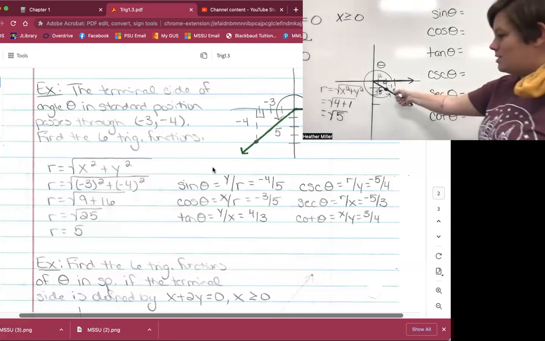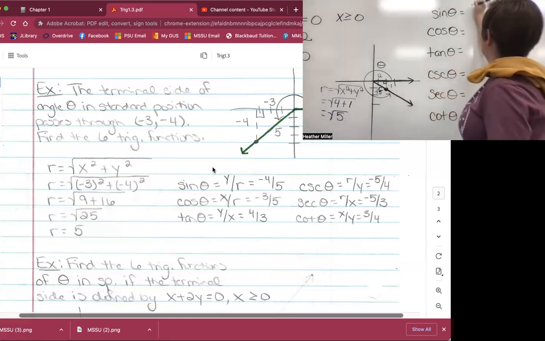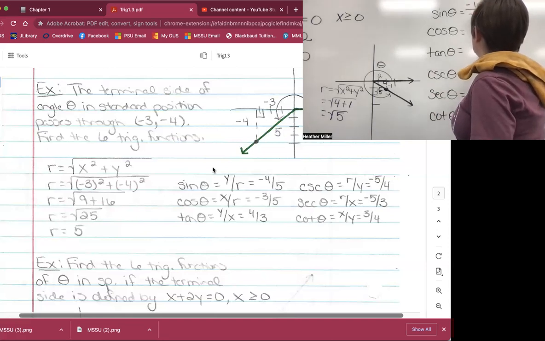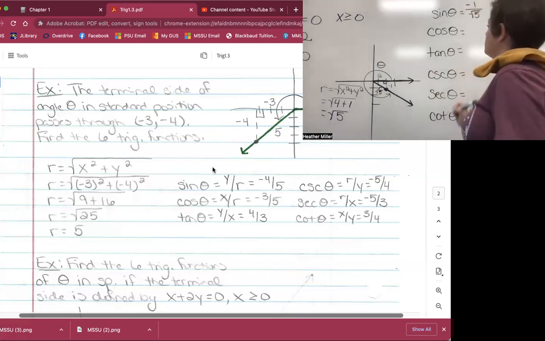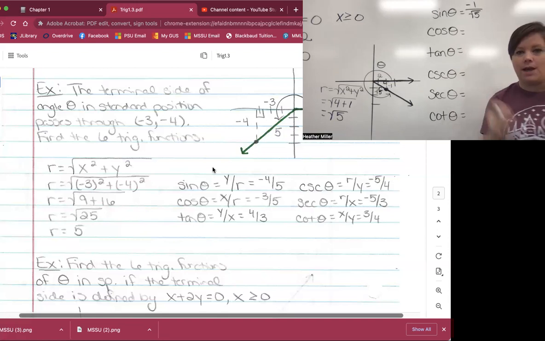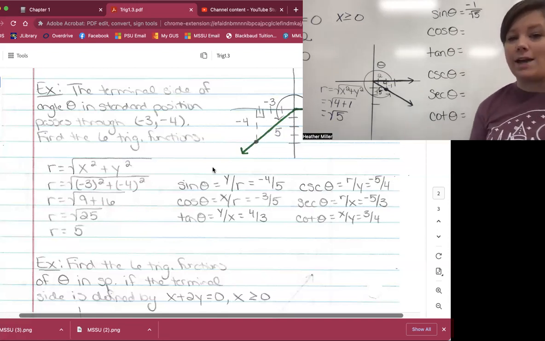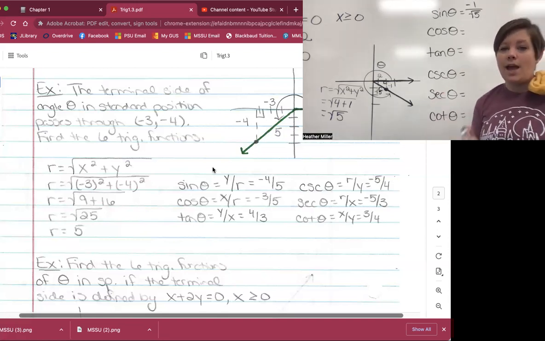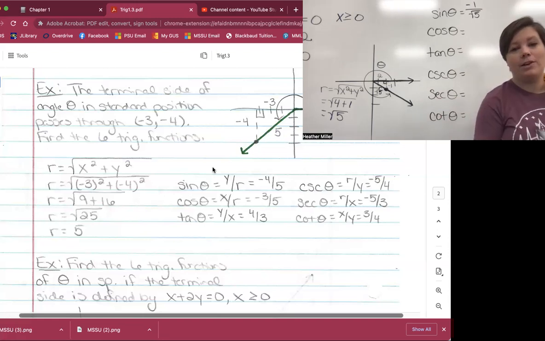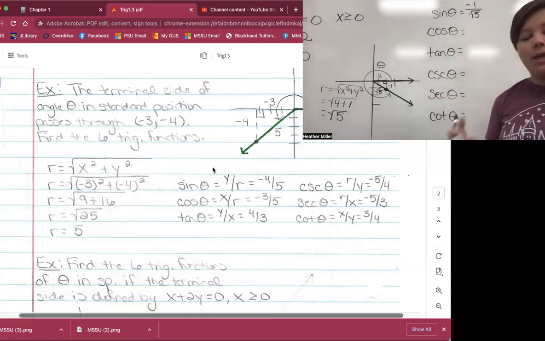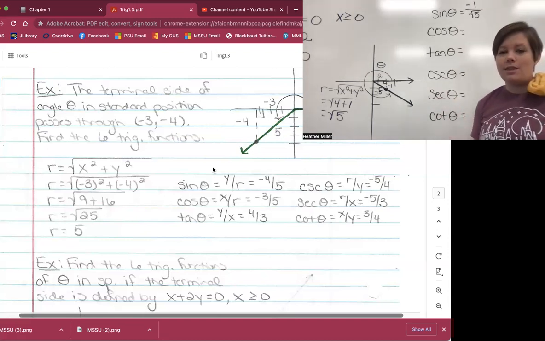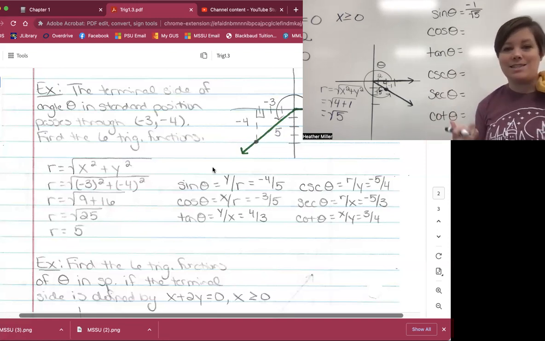So our y in this case was -1, and our r is radical 5. Now, there's a rule in algebra and in math class that we don't ever want to leave radicals in the denominator. We have to rationalize our denominator and get those out. And the way that we do that is we multiply the denominator by itself.